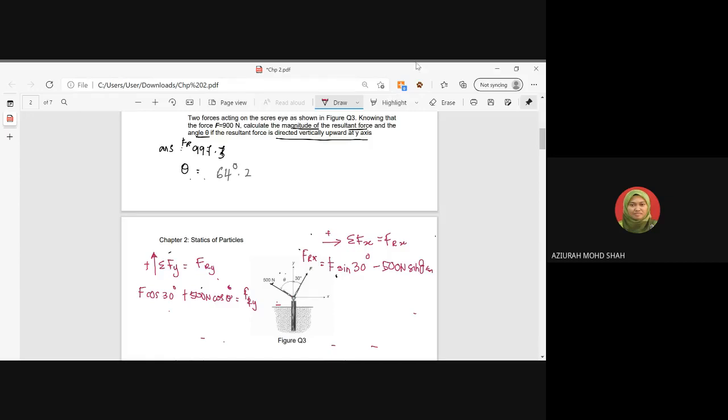Okay, when you read the question, saya tengok balik ni. Read the question carefully. You see that it is mentioned we have to calculate the magnitude of the resultant force and theta if the resultant force is directed vertical upward at y-axis. Do we know the FRY value and FRX value? Can we get the value or not? Boleh dapat tak value tersebut ataupun tidak?